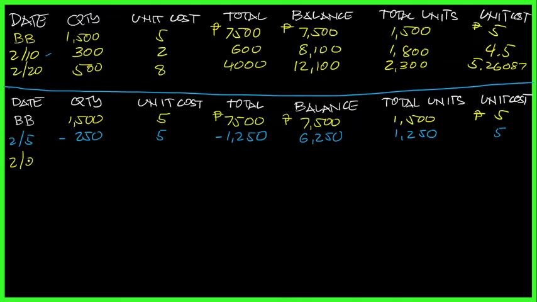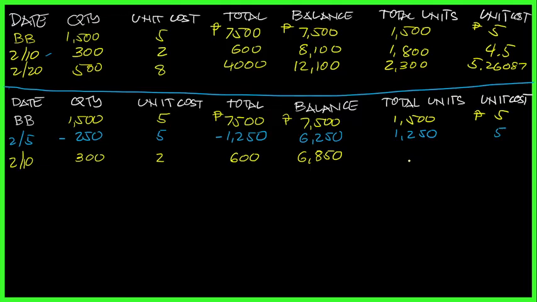There is now a purchase, okay, on February 10, at 300 at a cost of 2. So 300 times 2, this will be 600. Okay, so we add that. This will become 6,850.